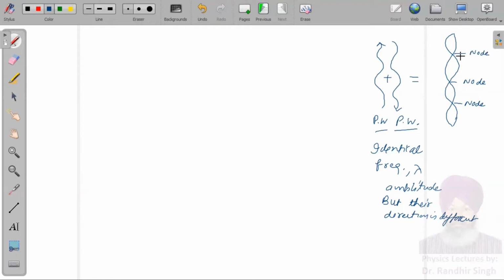And between two nodes there is half of the wavelength. And these points are called antinodes. Between them, this is also lambda by 2.